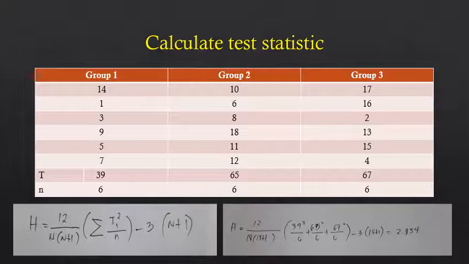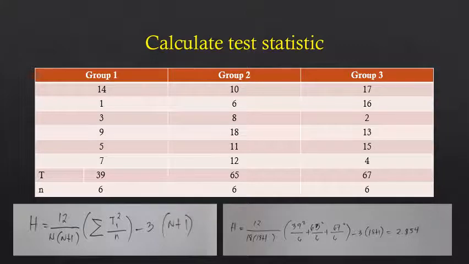Why 6? Because our small n represents the 6 numbers of each group. So here, 1, 2, 3, 4, 5, 6. So every group, there are 6 numbers. That's why our small n is always 6, including group 2 and group 3.